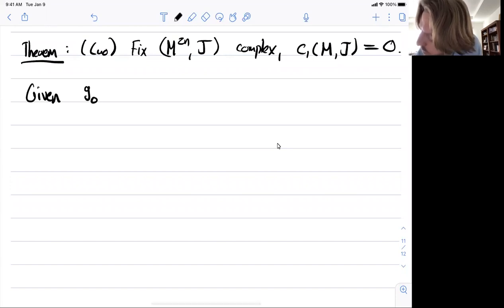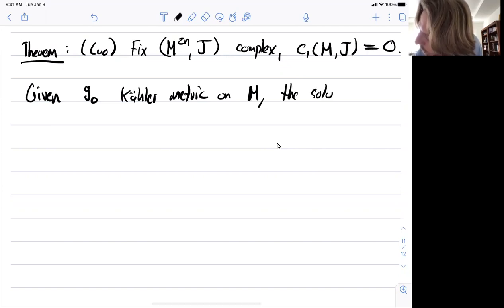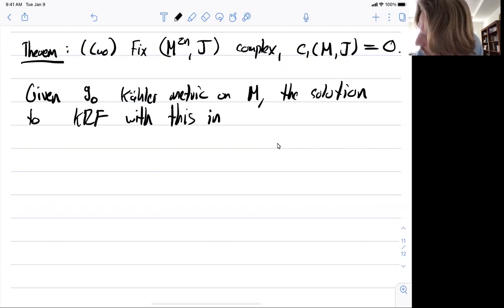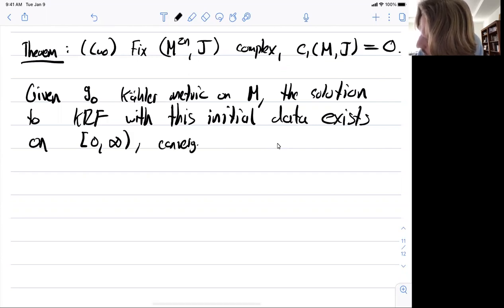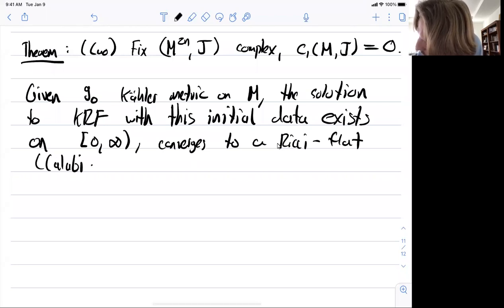And if we're given G naught, some Kähler metric on M, the solution to Kähler-Ricci flow with this initial data exists on a half infinite time interval, so exists for all forward time, and converges to a Ricci flat, or Calabi-Yau, metric.